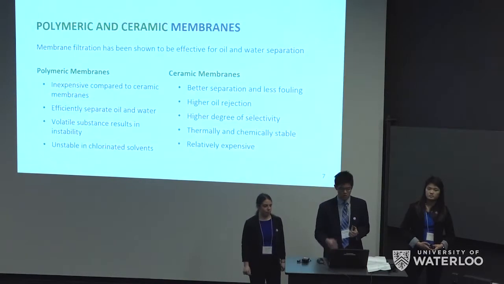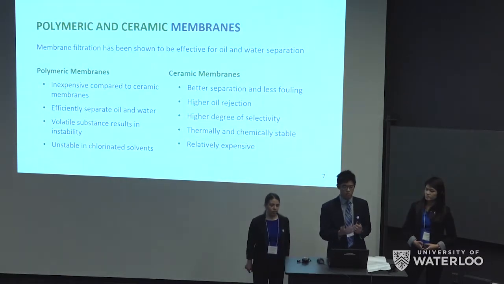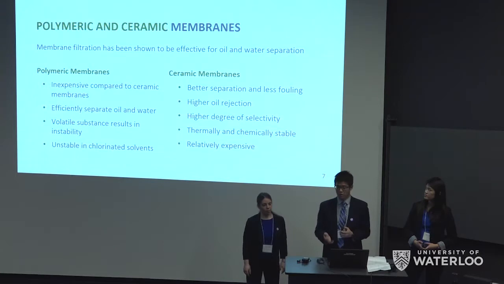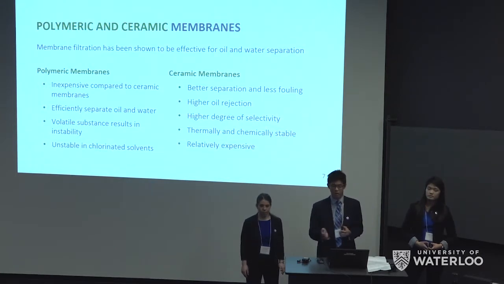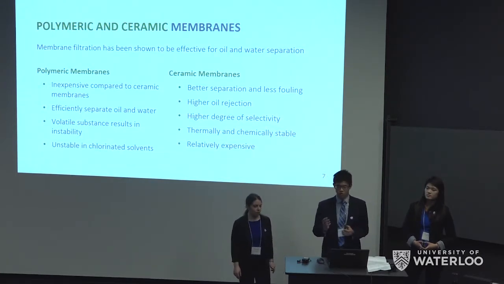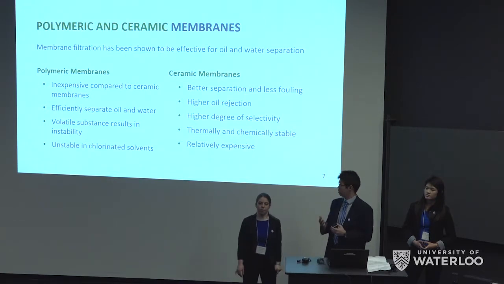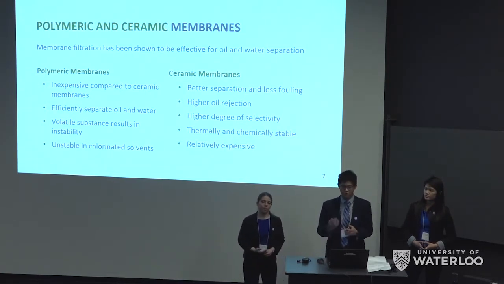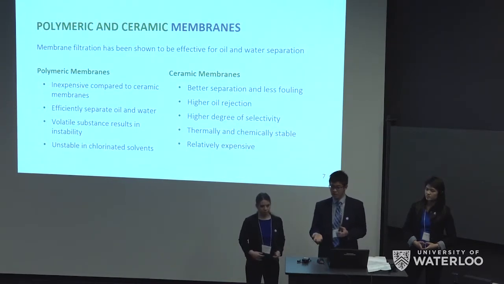Current technologies used in membranes are polymeric membranes and ceramic membranes. Polymeric membranes are quite inexpensive, but they foul quite easily, and they are thermally and chemically unstable and therefore degrade. Ceramic membranes have better separation, but they foul a lot, and they are quite expensive to clean or replace and maintain.